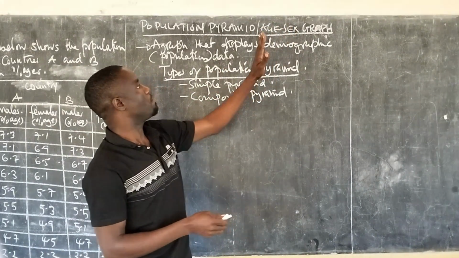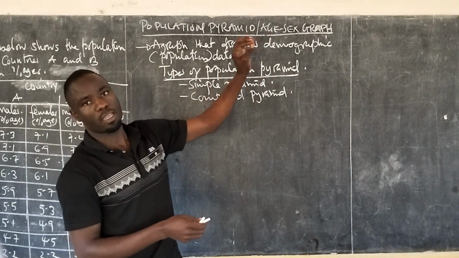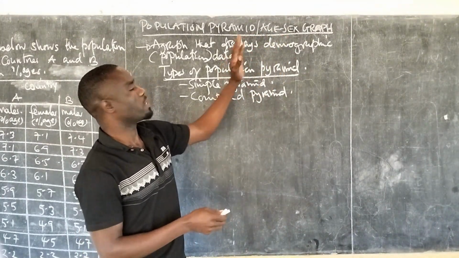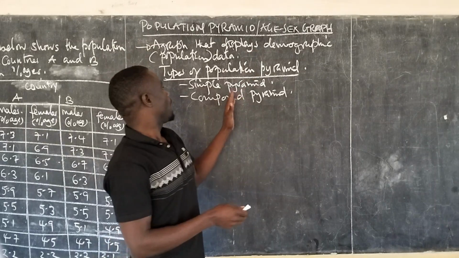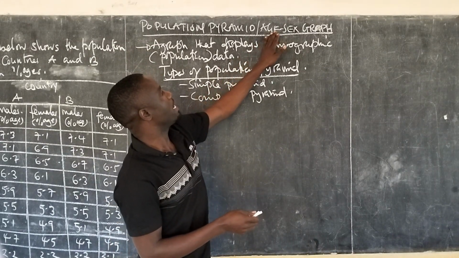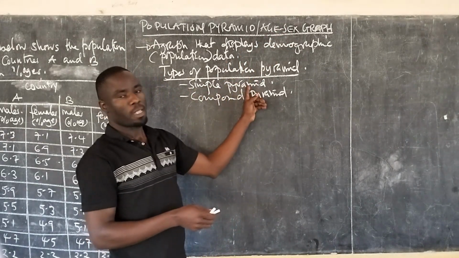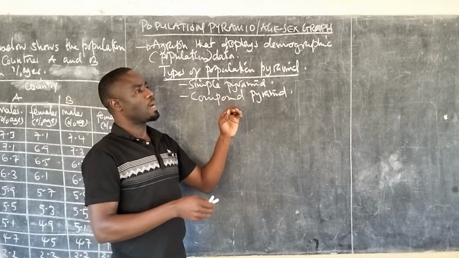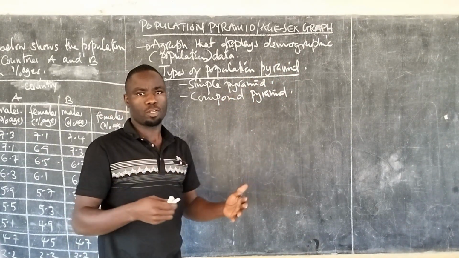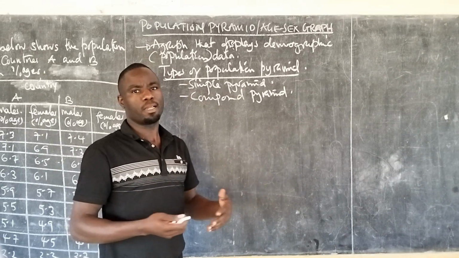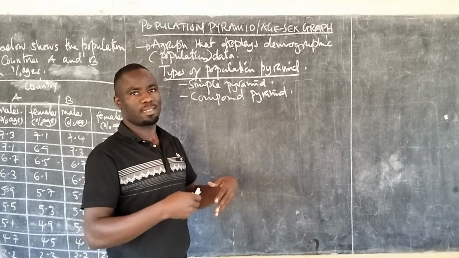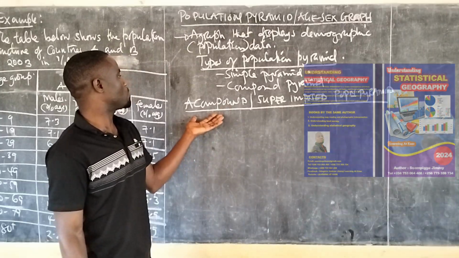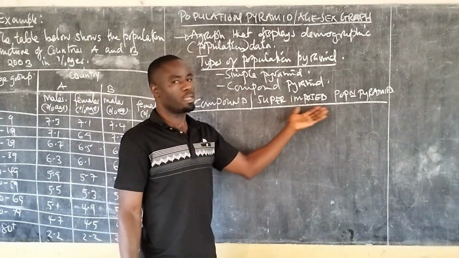So if you want to describe the population of a given country, for example Uganda, Kenya, Tanzania, based on only age and sex, we shall use simple. But if you have to add in other characteristics of a given population, let's say income, unemployment, health, or you want to compare different countries, then we shall use a compound or superimposed population pyramid.